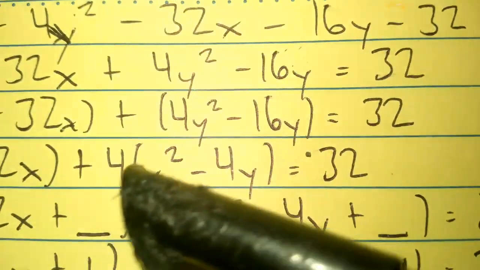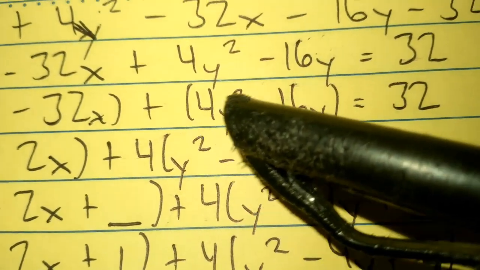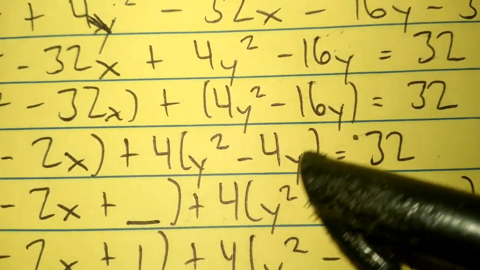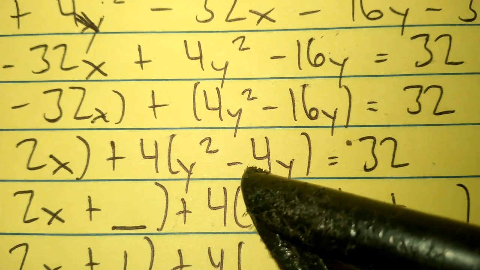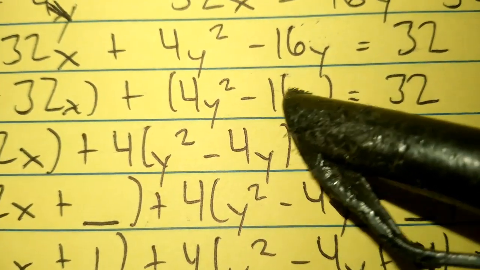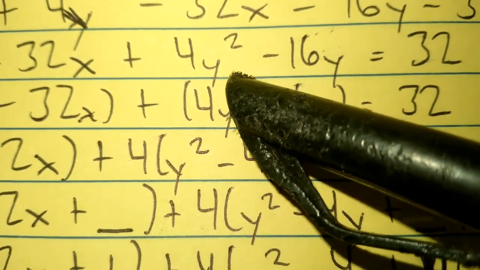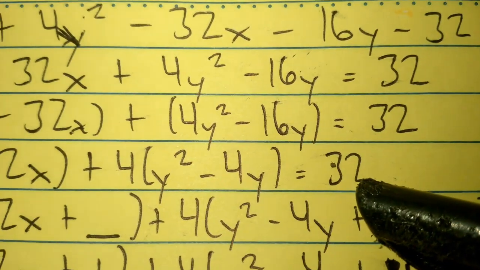On the other hand, 4y squared minus 16y will become 4 parenthesis y squared minus 4y. 4 times negative 4y is negative 16y, and 4 times y squared is 4y squared, equals 32.